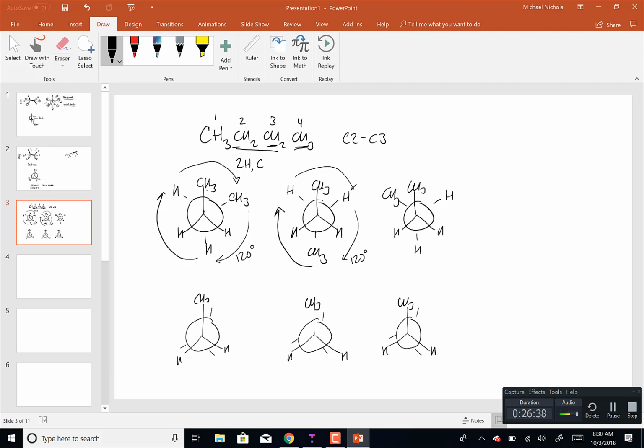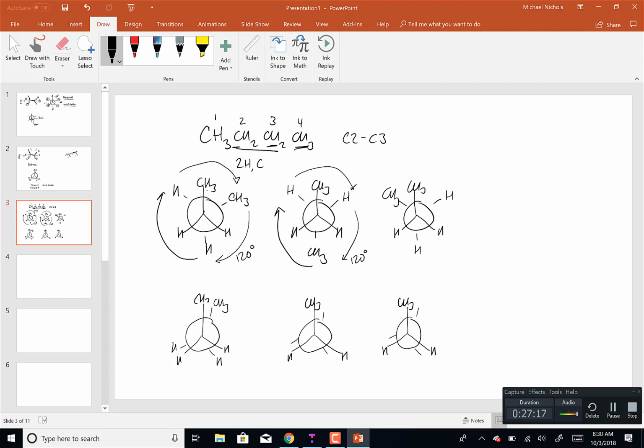Now, how do I get the staggered into the eclipsed? I just need a 30-degree rotation to line up the groups. You can go clockwise or counterclockwise here. For instance, I could line up the CH3s and then line up the hydrogens by taking that CH3 and rotating it counterclockwise 30 degrees. Now I'm going to do the same thing I did before: make 120-degree rotations.